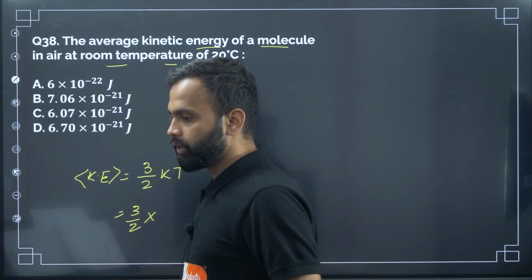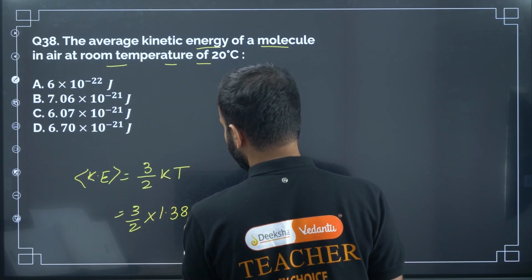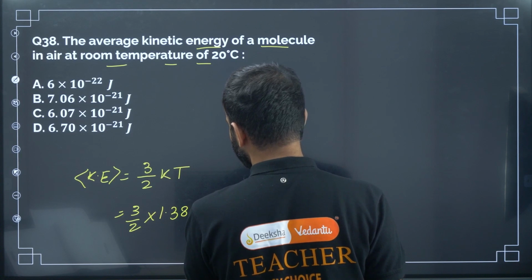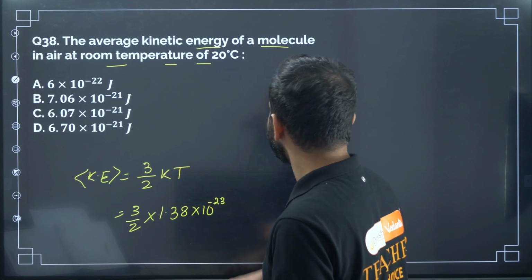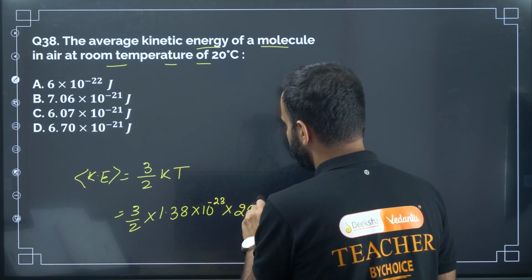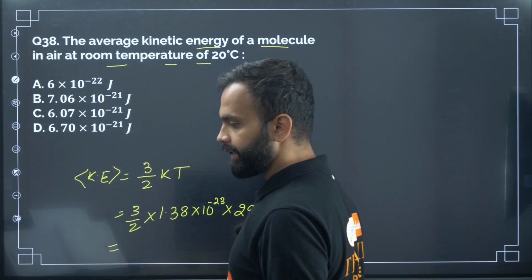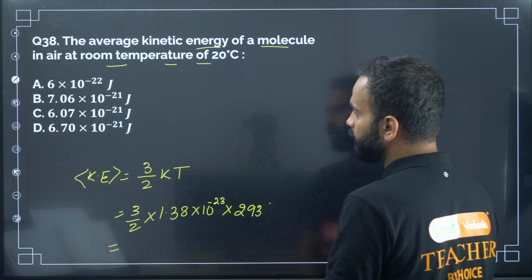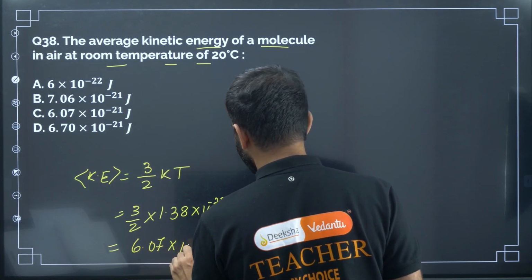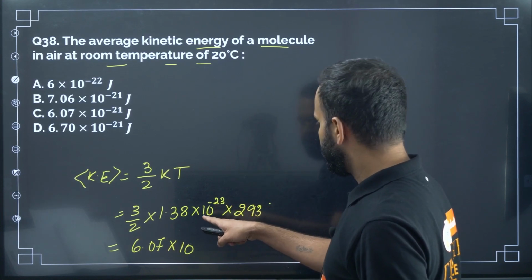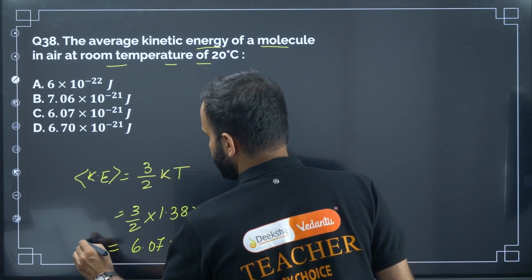The Boltzmann constant is 1.38 into 10 to the power minus 23, and T is 293 Kelvin. So now solve this. You will get 6.07 into 10 to the power minus 21 joule. This is the average kinetic energy.